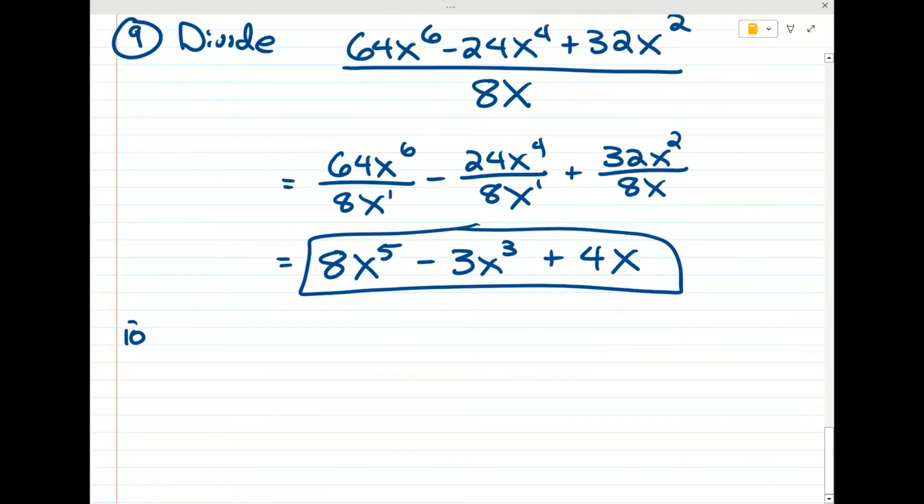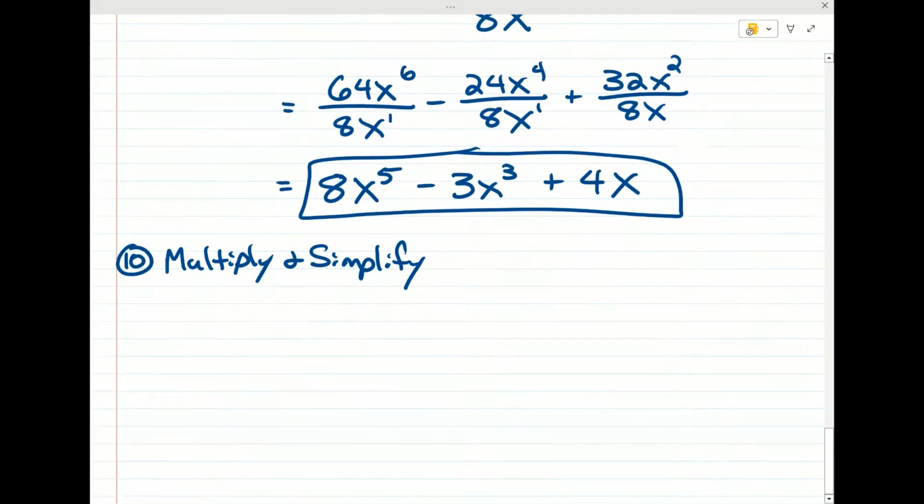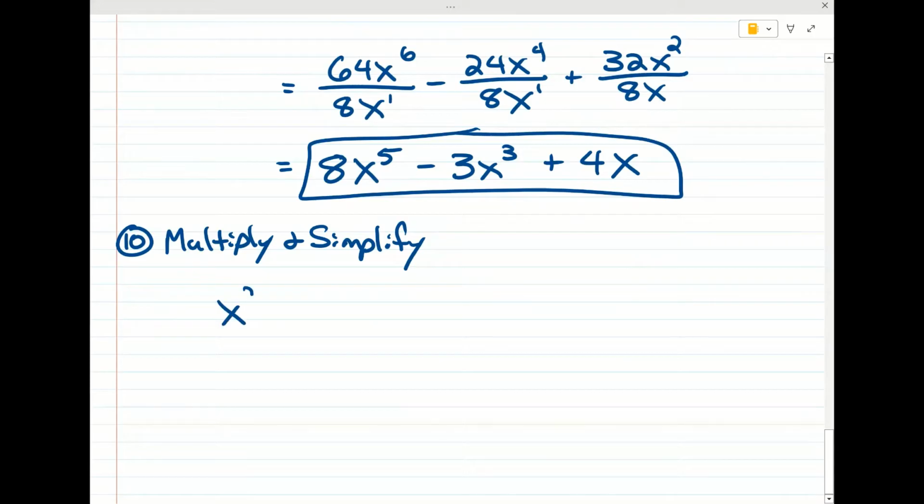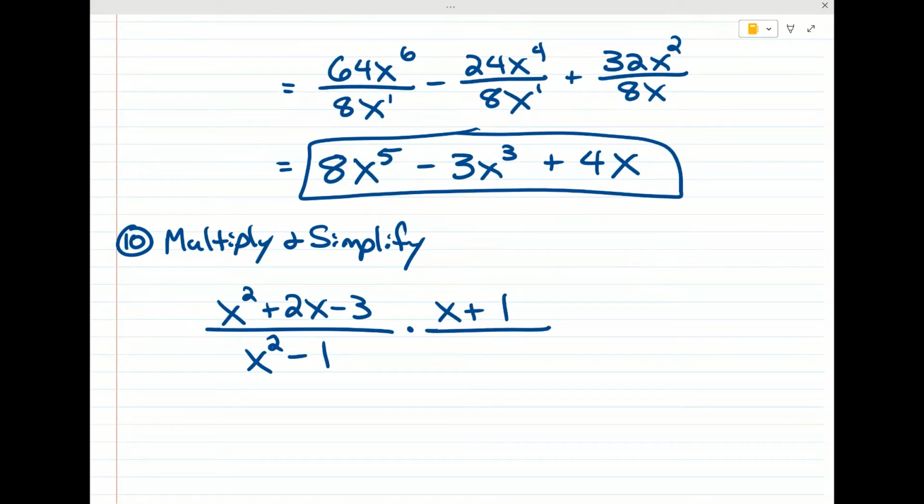Problem number 10, it'll ask us to multiply and simplify. Let's say the problem was x squared plus 2x minus 3 divided by x squared minus 1, times x plus 1 divided by 2x plus 2.